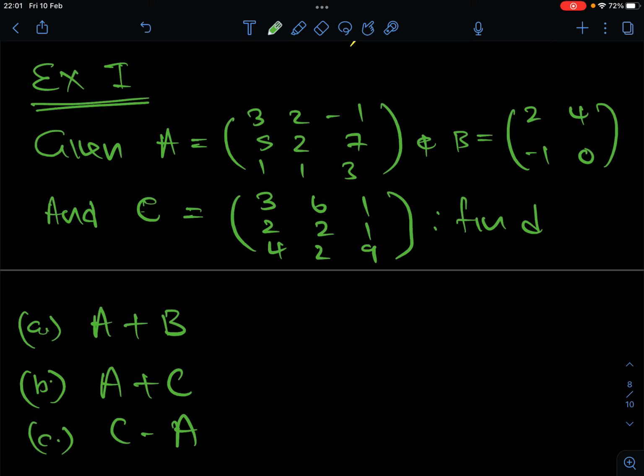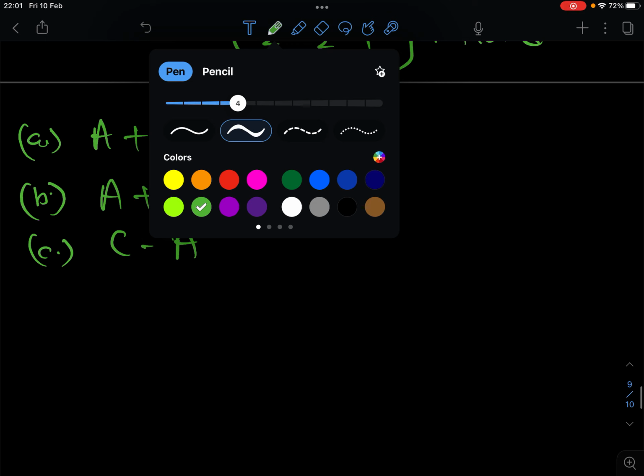So these are typical questions that you can get in the exam. So how do we deal with this? Let's write solutions to all these problems.